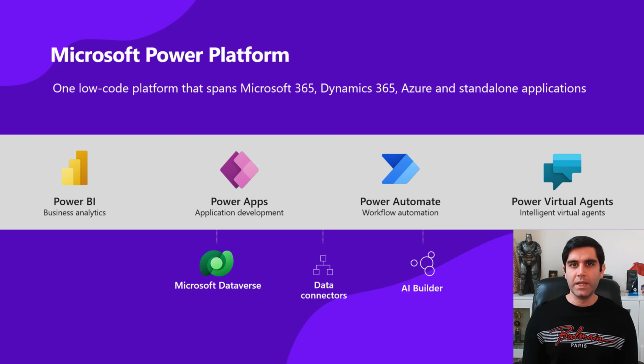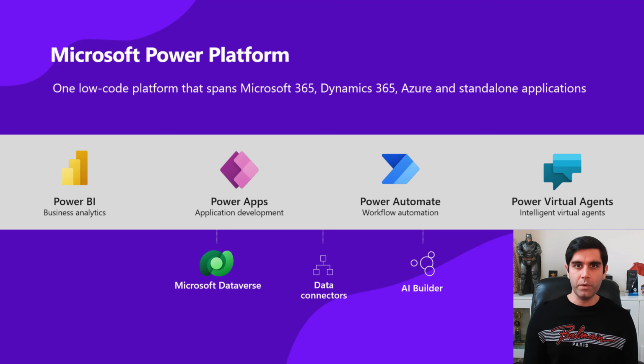The data service that this platform exposes is known as Microsoft Dataverse. You can connect to any other data source of your choice on-premises or in the cloud through the available data connectors. And there is also native AI capabilities baked in. You can leverage AI Builder.